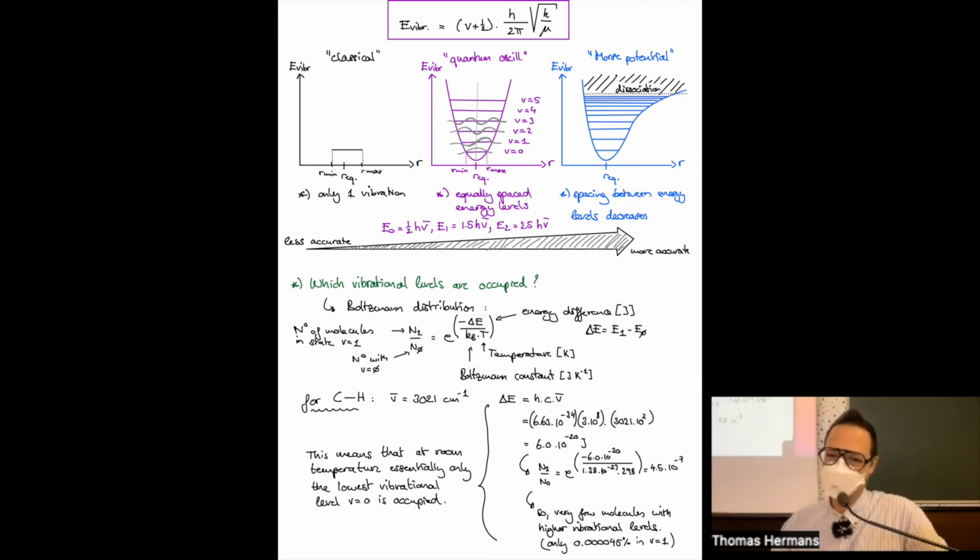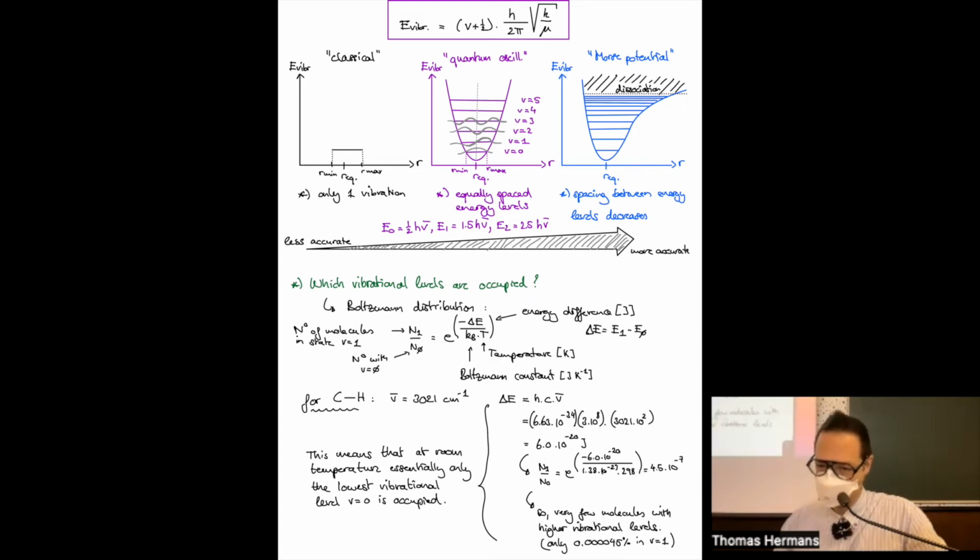It means that the number of molecules in this higher vibrational state compared to the lower vibrational state is incredibly small, right? So there's very few molecules with higher vibrational levels.